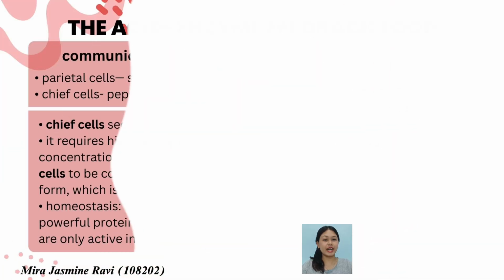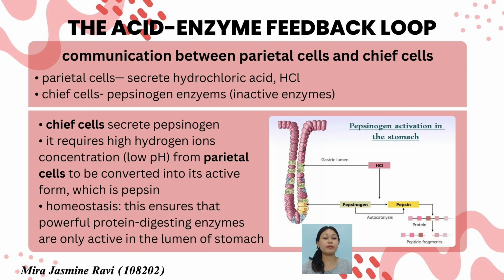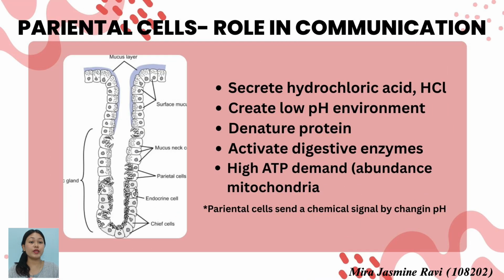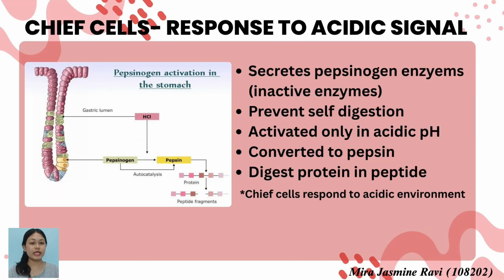For my part, I will explain the interaction between parietal cell and chief cell in maintaining gastric homeostasis. Parietal cells secrete hydrochloric acid, creating a highly acidic environment in the stomach. This low pH helps denature protein and acts as a chemical signal. Chief cells respond by secreting pepsinogen, which is an inactive enzyme.